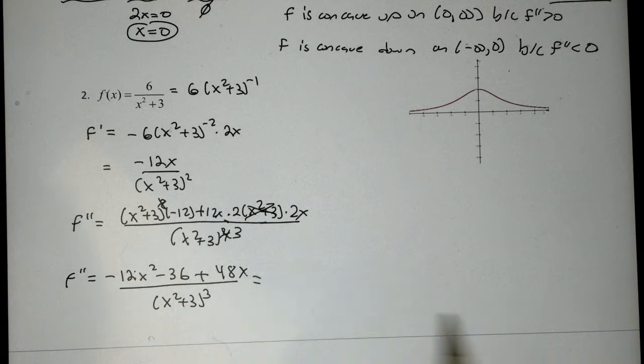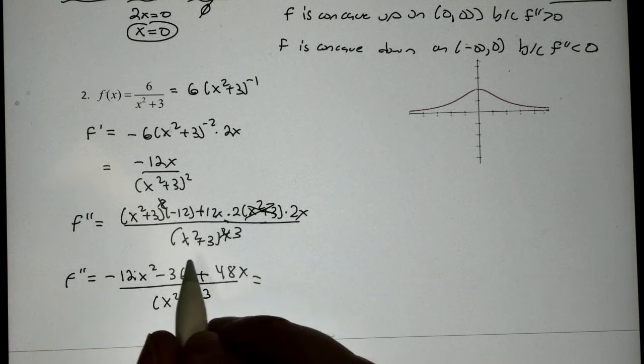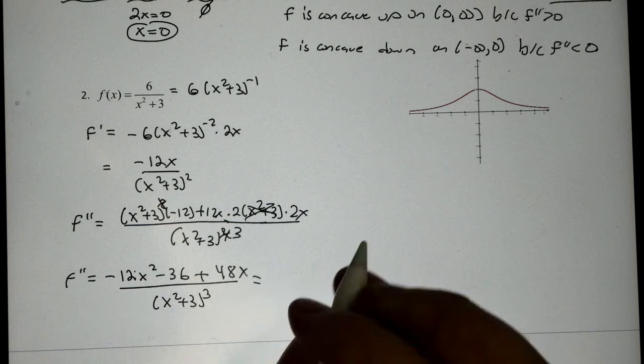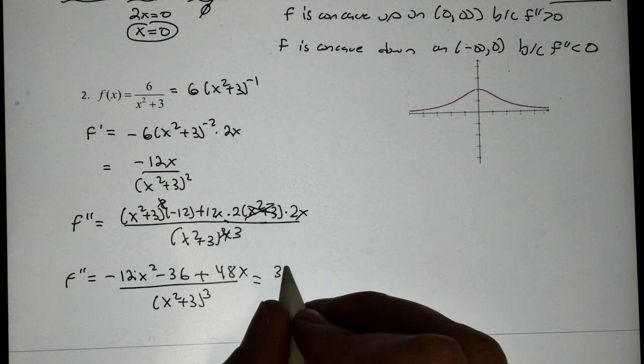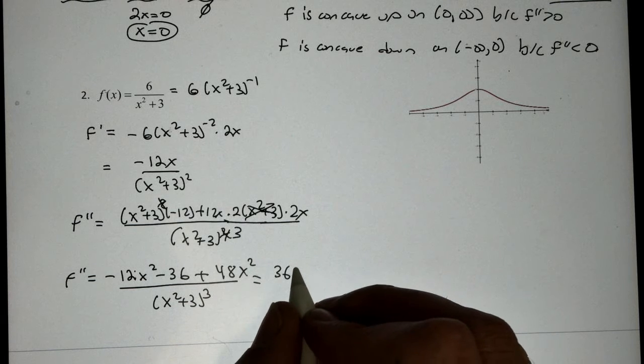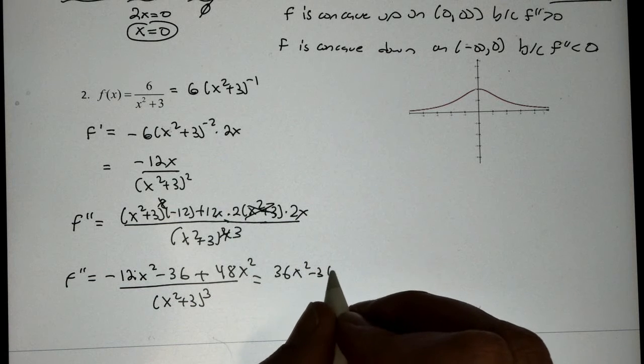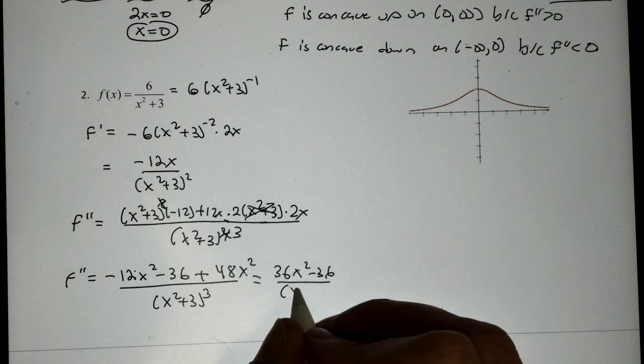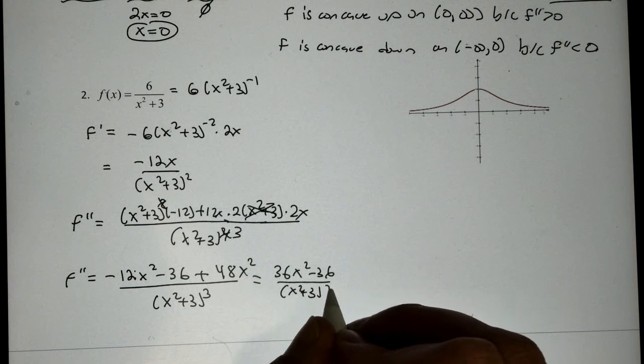Whew, nasty. Which I can still kind of clean up a little bit here. All right. Negative 12 plus 48 is 36. That should have been an x squared there. My pen's not working too well. 36x squared minus 36 over this (x squared plus 3) cubed.